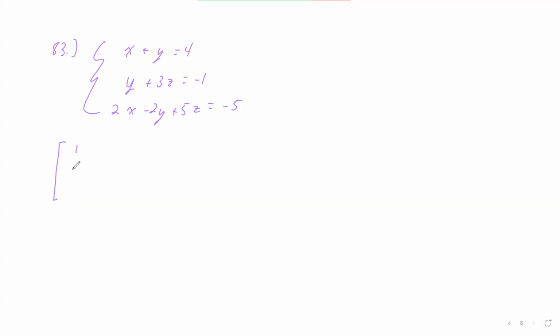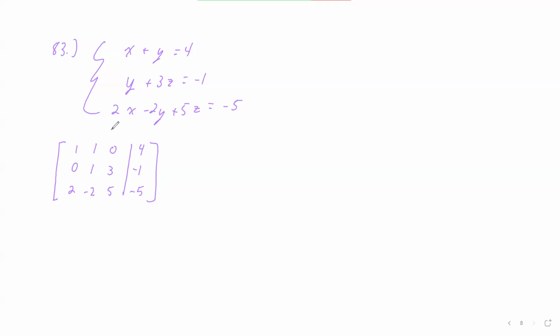So I get 1, 0, 2, 1, 1, negative 2, 0, 3, 5, 4, negative 1, negative 5. So do notice if you're missing the letter, I plugged in a 0 for that.